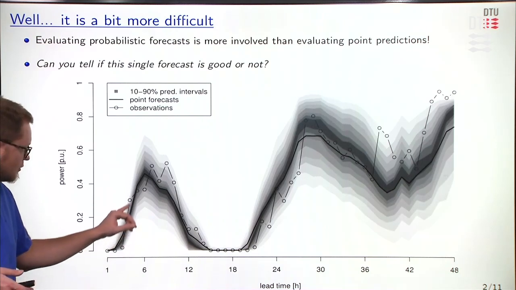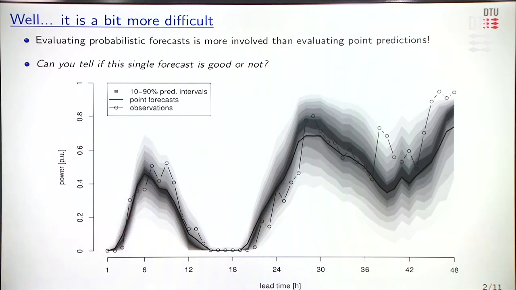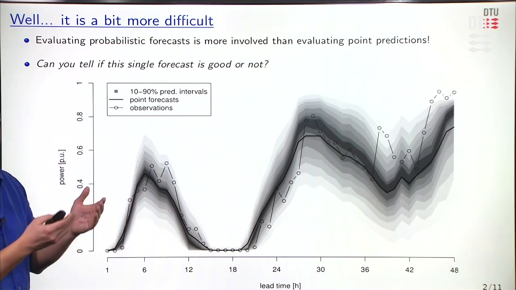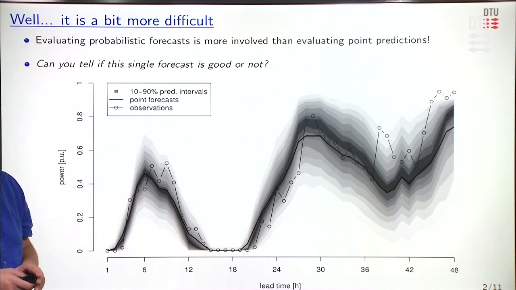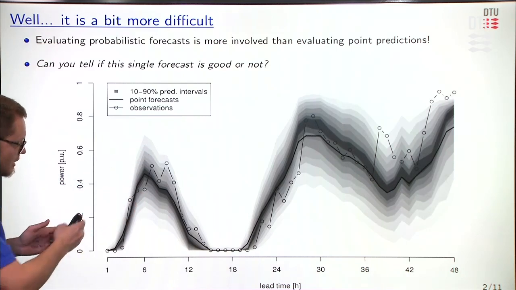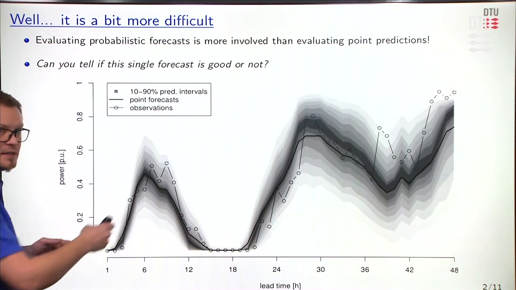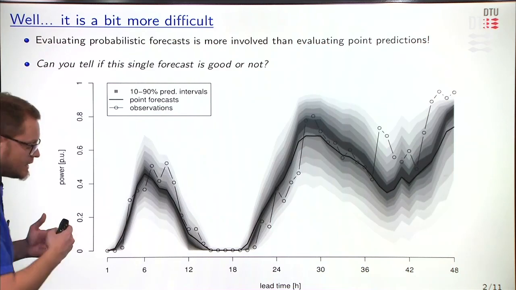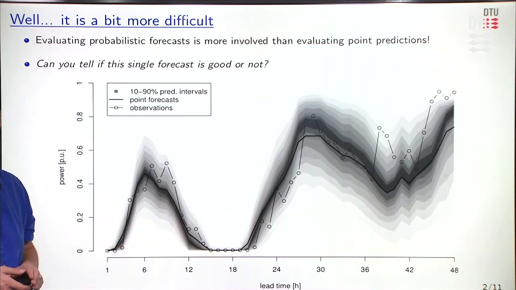The circles with gray lines between them are the observations that were collected a posteriori, and now all these intervals around are interval forecasts with different nominal coverage rates, and altogether they describe the densities for the random variable power generation at each and every lead time.